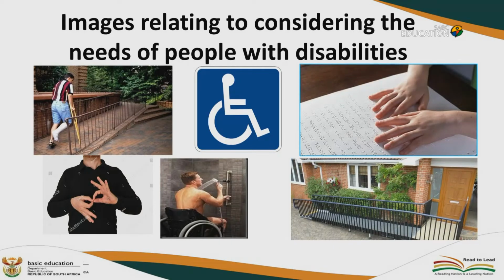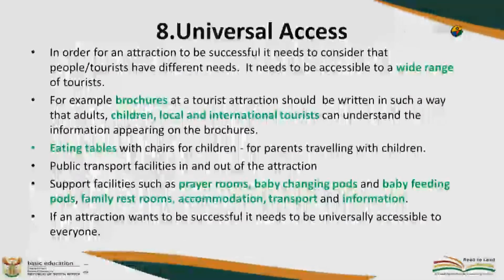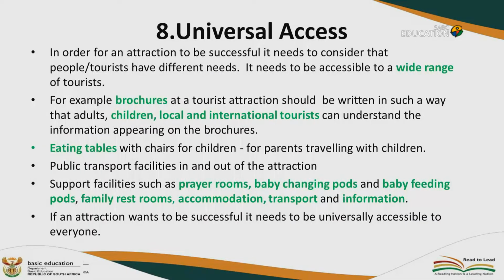Then when we talk about universal access, and if you look at my pictures there, by considering the needs of people with disabilities, I'm just focused on the disabilities. But when I talk about universal access, I'm now referring to everyone. Those with disabilities are accommodated. Those with different social classes are accommodated. Those who are traveling with children, parents are accommodated.